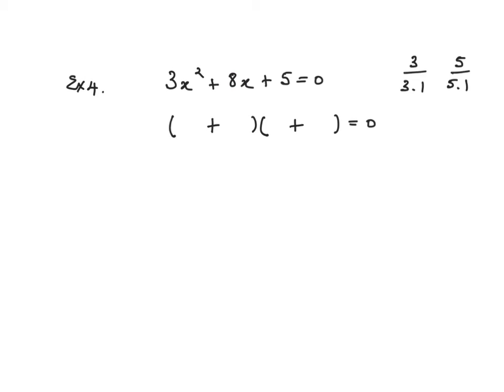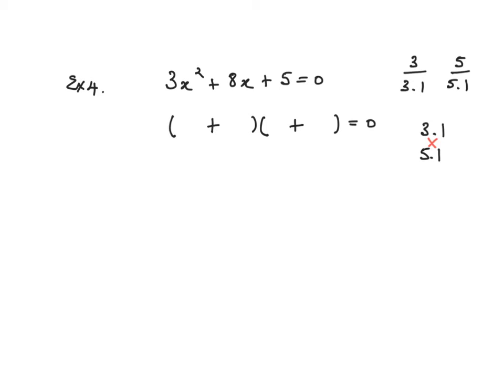So we'll take the factors of 3 first of all, because 3 comes first in the quadratic. And the factors of 3 are going to feature in first position in both brackets. So 3 and 1 and 5 and 1. And we'll cross multiply.